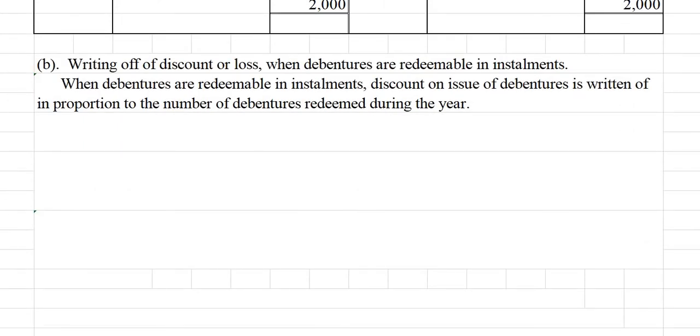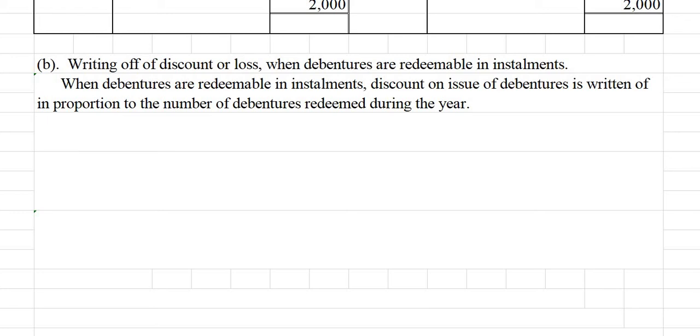Out of these 10,000 debentures, 2,000 are redeemed in the first year. So in that case, what will be the discount for the first year to be written off?